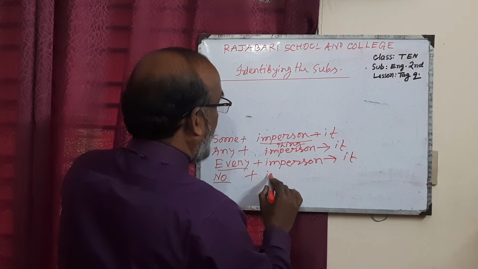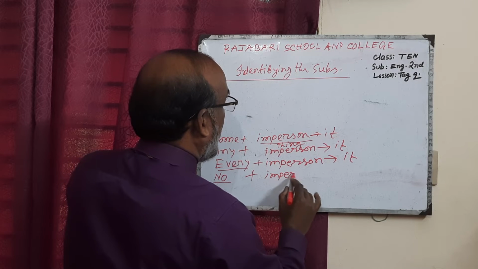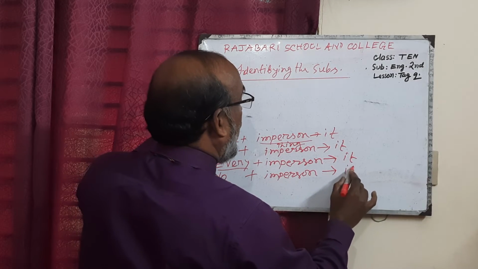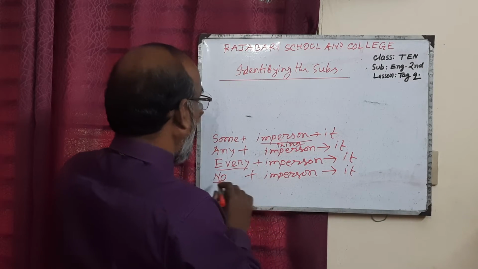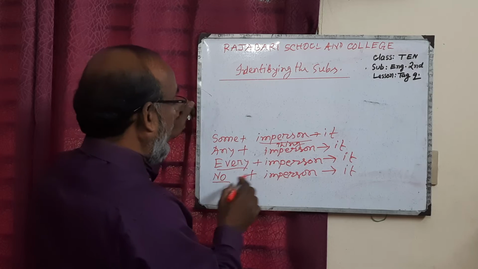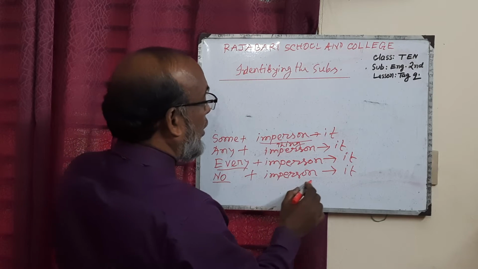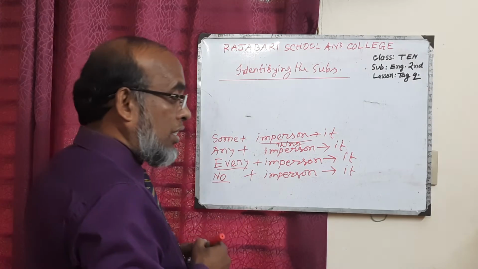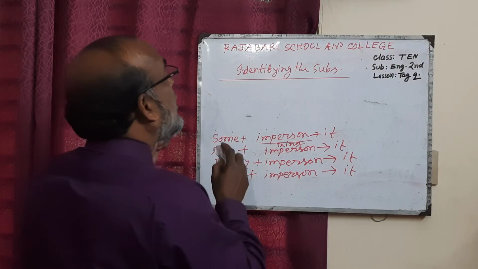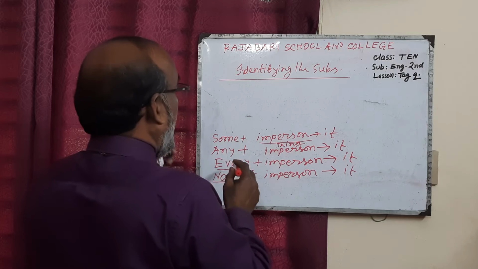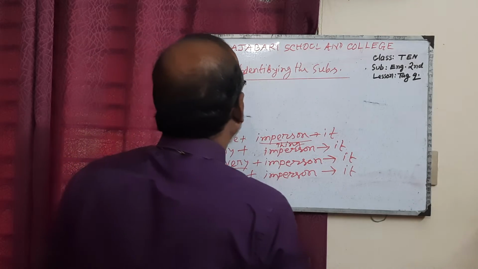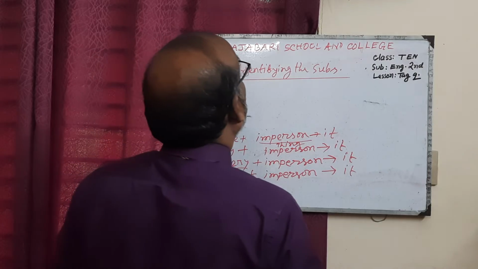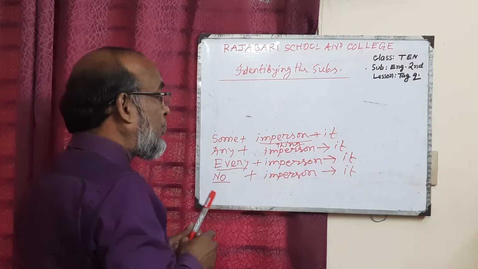No plus imperson will be it as subject, because if I write nothing, it will be it. This is how we have to identify the subject.